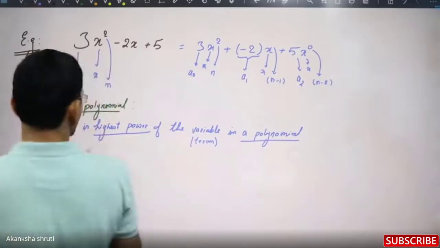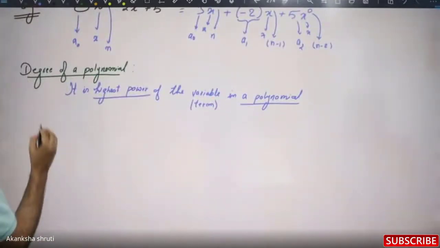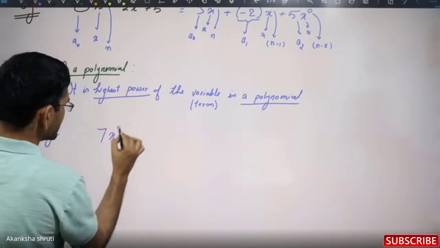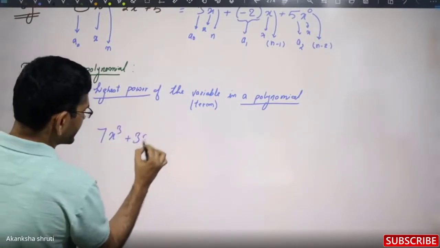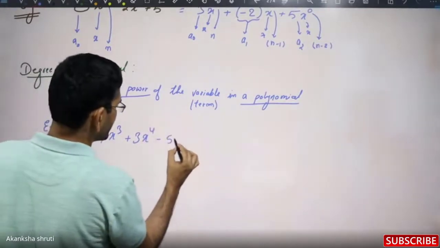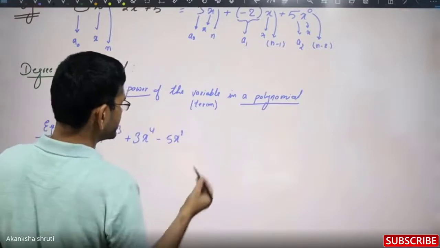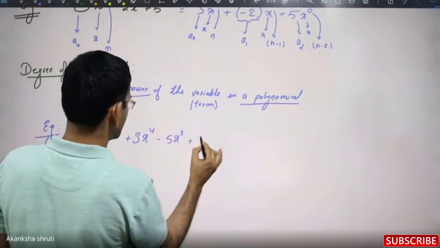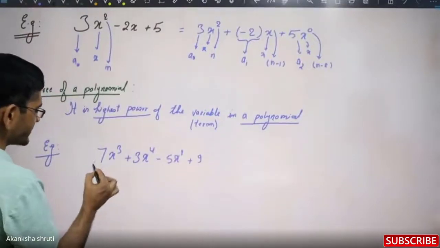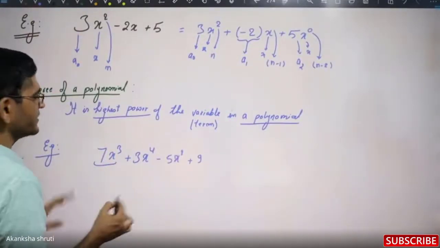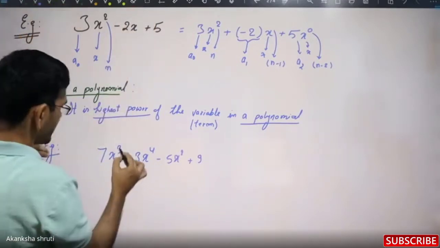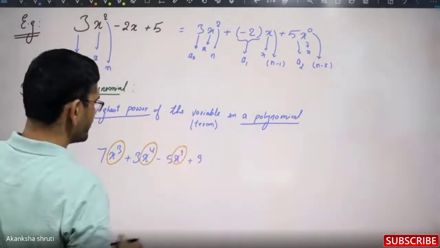Students, let us apply this definition. Example: if I am considering 7x cube plus 3x to the power 4 minus 5x square plus 9. Do not worry about what the first term is. You just observe which variable has the highest power.